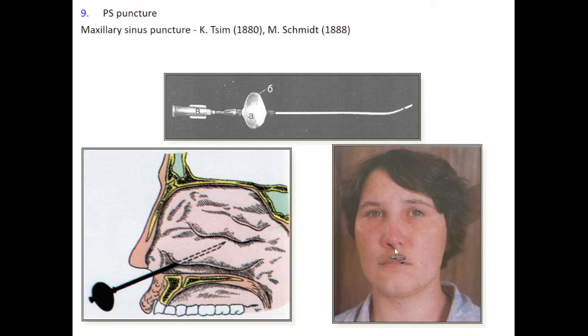For this purpose, we make local anesthesia, introduce the needle down to the inferior nasal turbinate, in the inferior nasal meatus, and direct the needle to the lateral angle of the eye. In this place, the thickness of the wall of the maxillary sinus is the smallest, and usually we have no problems penetrating this wall.